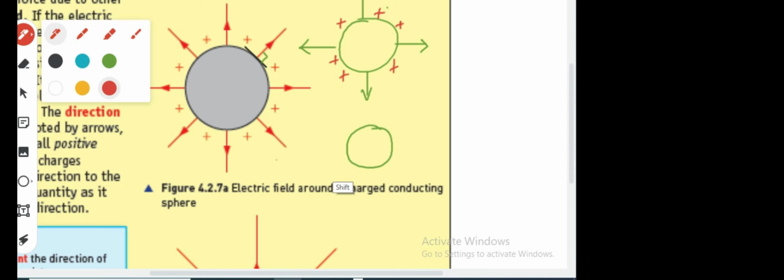So I also draw radial lines coming out all around. No, remember this is negatively charged, so the arrows should point towards it. So that's basically what we do for negatively charged plates. So this is what you get.